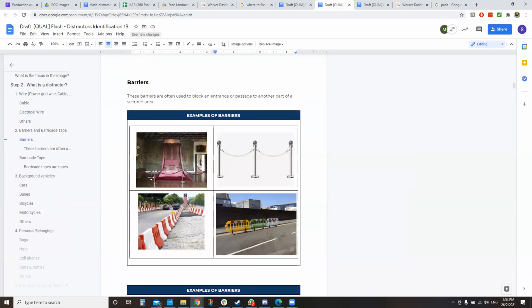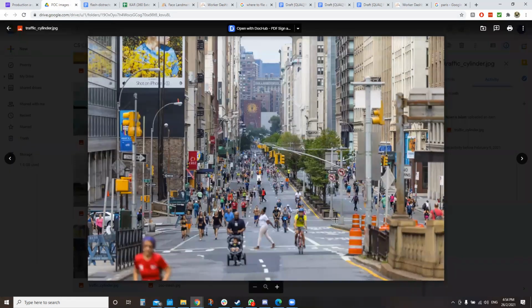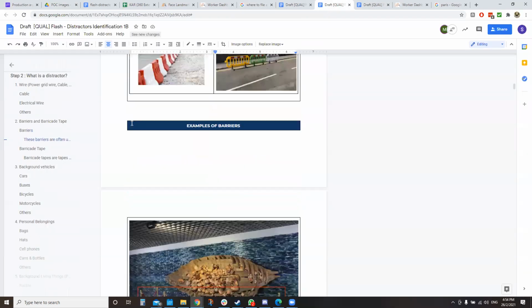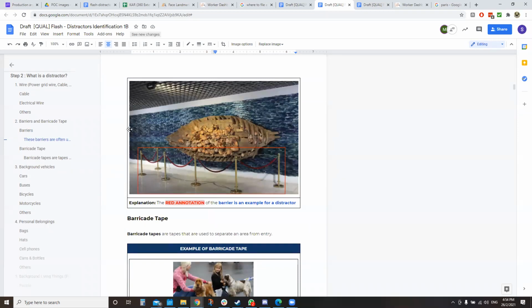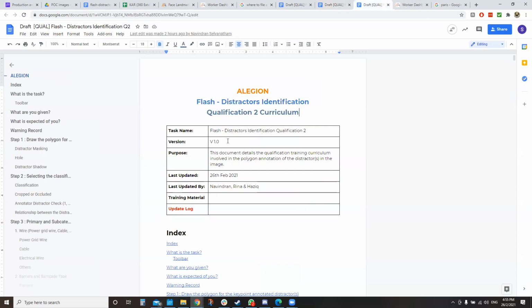Barricades and tape. Here, these barricades, all these things. The cones, and remember all these cones that I showed you, these are all barriers. So here we draw a bounding box. You need to draw a polygon around them, but that is called qual 2. Wait, qual 2 is the distractor masking.